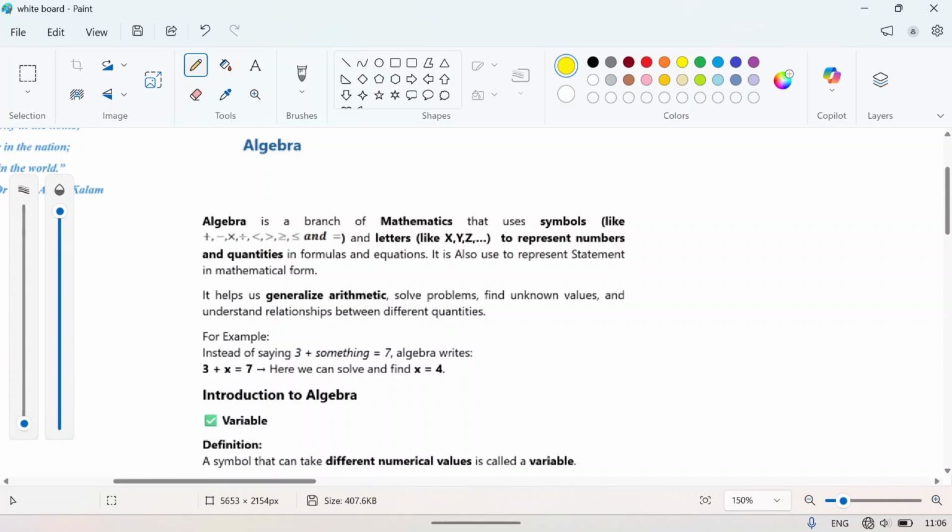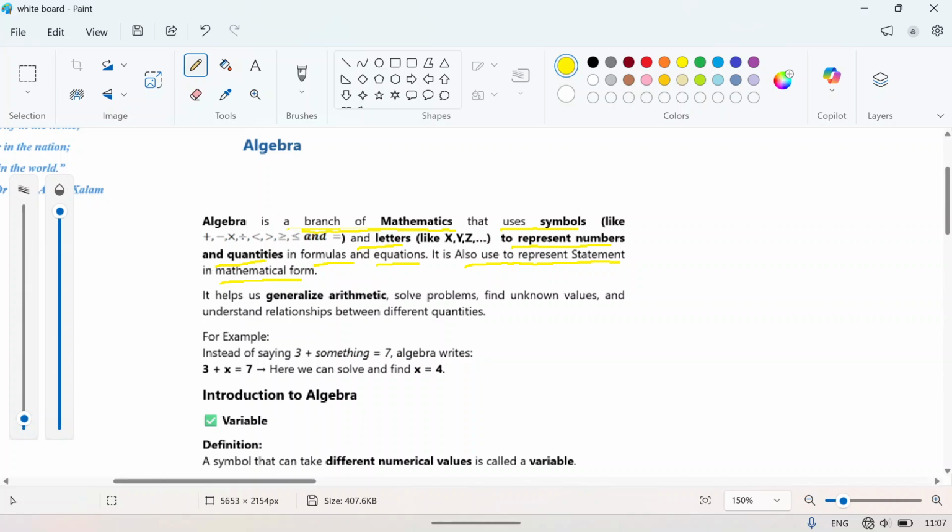Algebra uses symbols and letters from A to Z. Any letter can represent numbers and quantities in formulas and equations. It is also used to represent a statement in mathematical form.